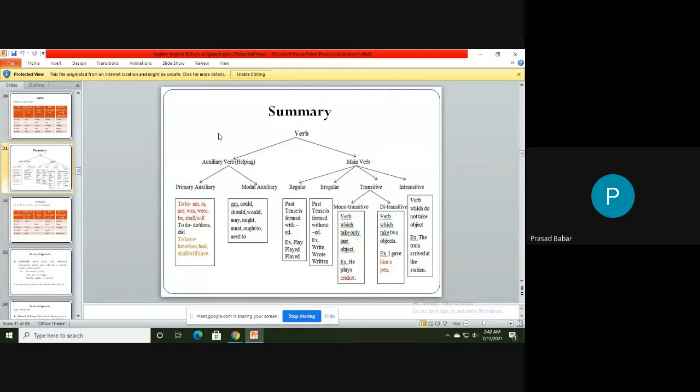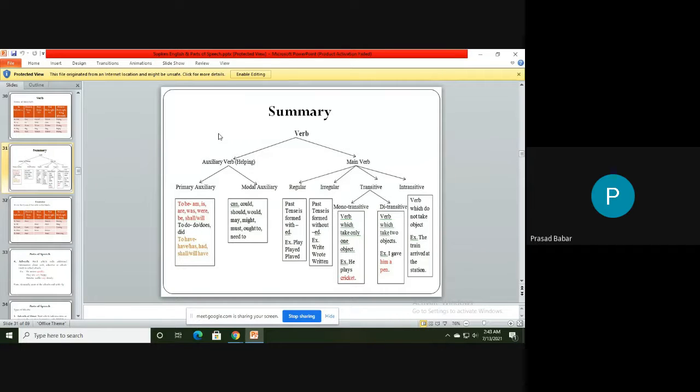There are two types of auxiliary verbs: primary auxiliary and modal auxiliary. And in the primary auxiliary, there are also three subtypes: to be, to do, and to have.